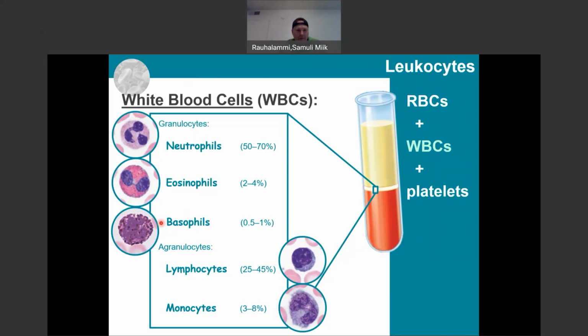The two remaining ones, if we look at their cytoplasm, the cytoplasm is much smoother than what we saw earlier on. First one, lymphocytes, they are actually our second most common white blood cell type of these that we see. No granules in the cytoplasm. The cytoplasm stains blue as well, if you look at that.